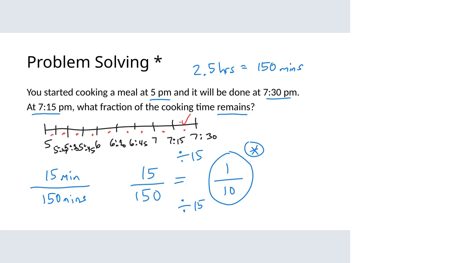I missed one somewhere, didn't I? 6:15. There's 1, 2, 3, 4, 5, 6, 7, 8, 9, 10 total pieces, and 1 left over. So it's 1/10 of the remaining cooking time. So honestly, I hadn't thought about using the length model here, but it works beautifully. Also, rewriting it as a fraction and reducing works really well too.